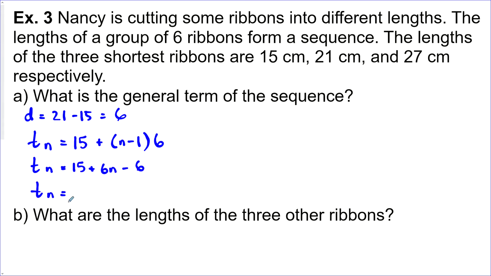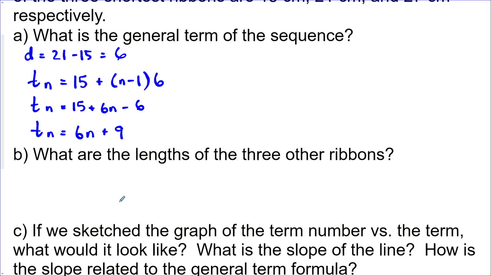And Tn is equal to 6n plus 9. And that looks good. Just remember this is our common difference, and this would be as if we had a t0. It's 15 minus the common difference of 6 would give us 9. But there is no t0 and there's no y-intercept for sequences.